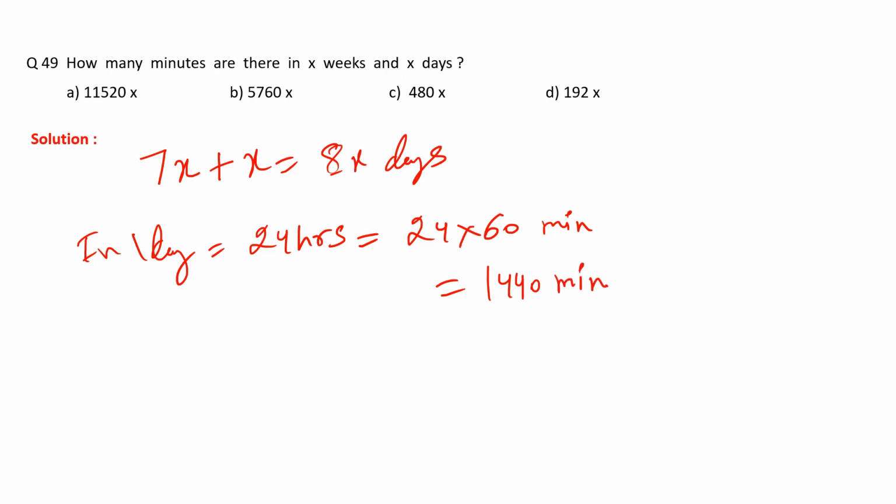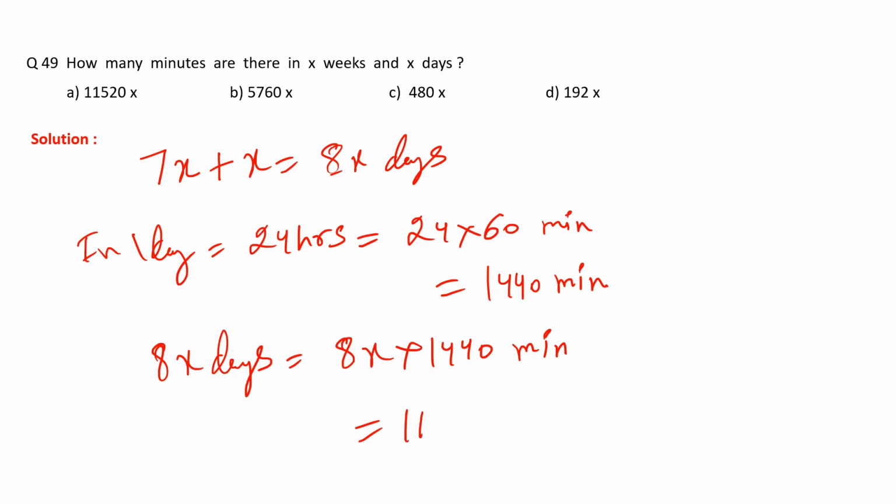So that means in 8x days it is going to be 8x into 1440 minutes. So when we simplify this, just do the calculations, so it becomes 11520 into x minutes. So that means A option is the correct one. Now we move to our next problem.